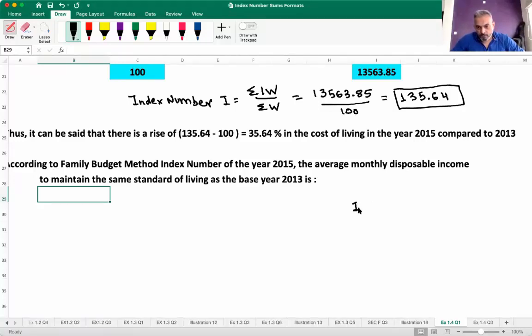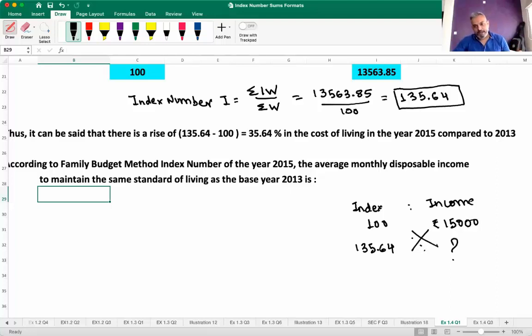When index was 100, my income was rupees 15,000. Now when index became 135.64, what should become my income? So cross multiply.